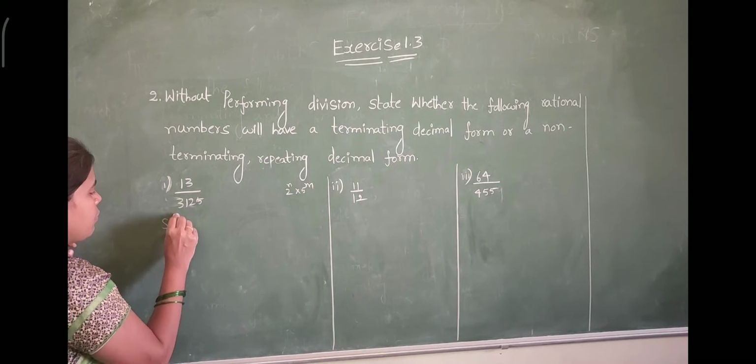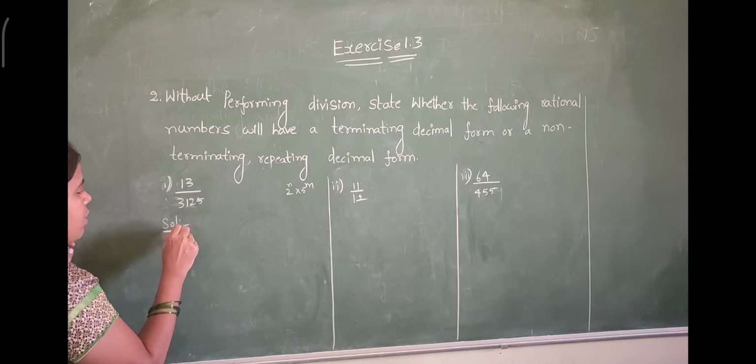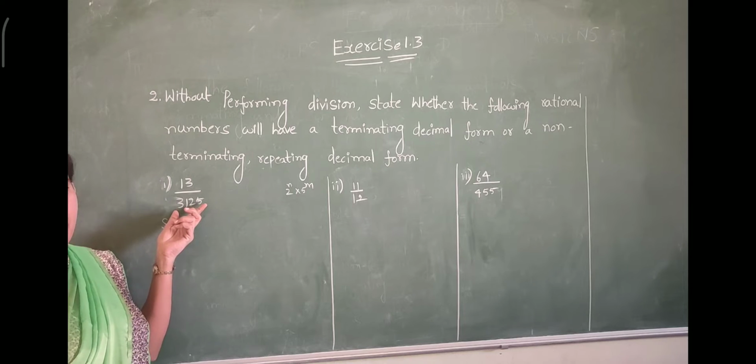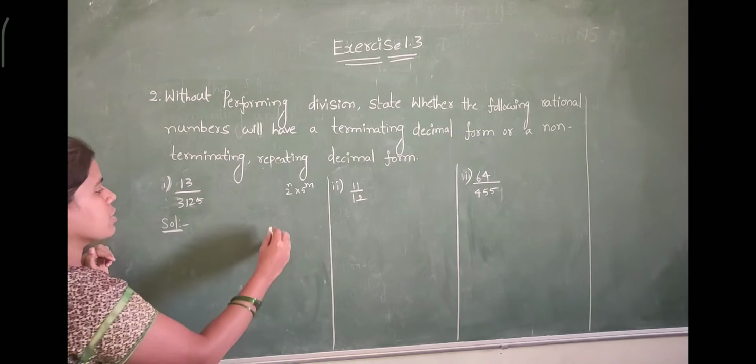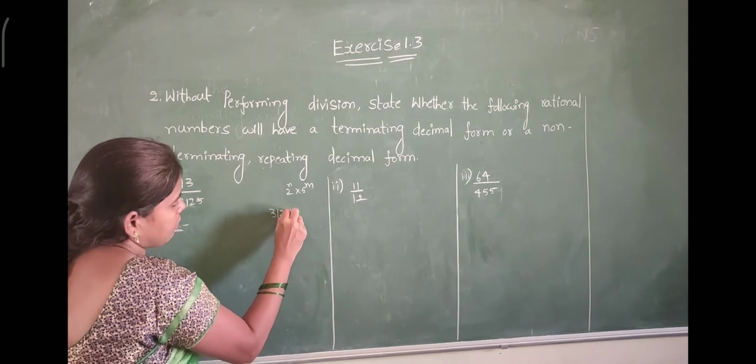So, before doing this problem, first of all, you have to write the prime factorization of 3125.